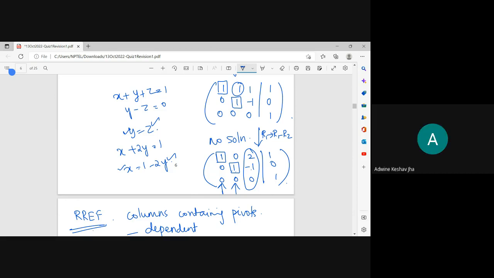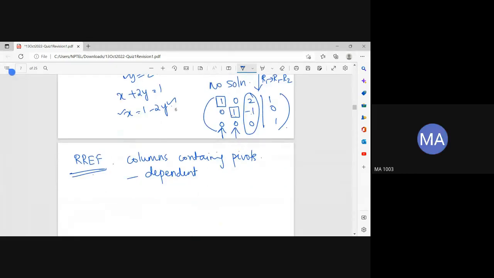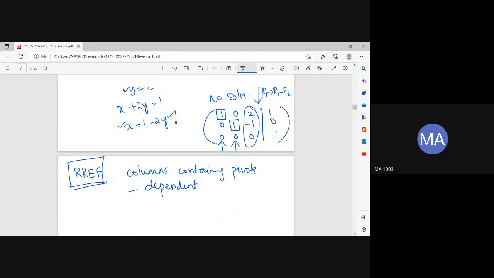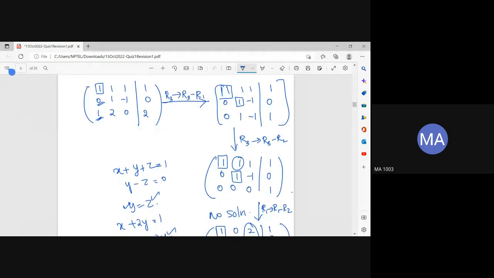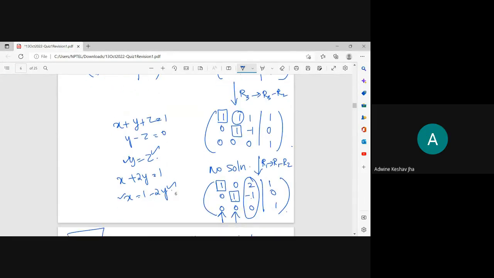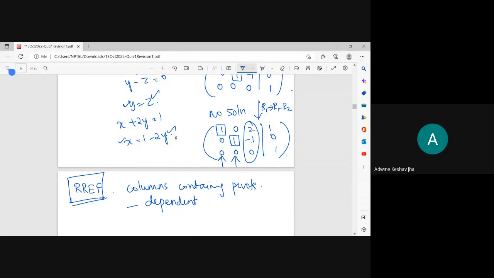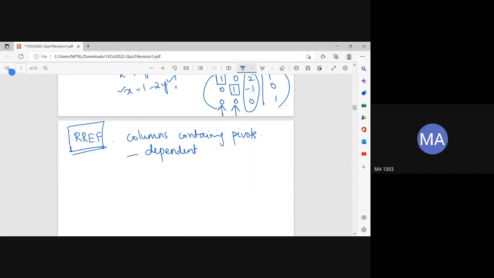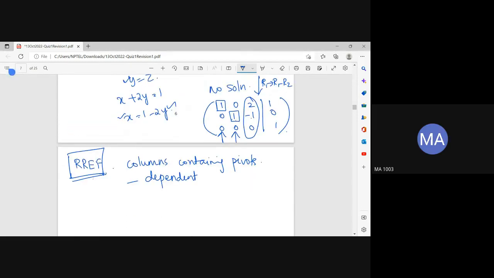Ma'am, when we are finding dependent or independent variables, then we have to convert the matrix to RREF. Yeah, the concept of dependent and independent variables is in RREF only, not in REF. But if you look, it will be the same even in REF. Okay, ma'am. And when we are finding the solution only, then we can convert the matrix to REF. REF is enough. But if you do RREF, you will get the solution directly.